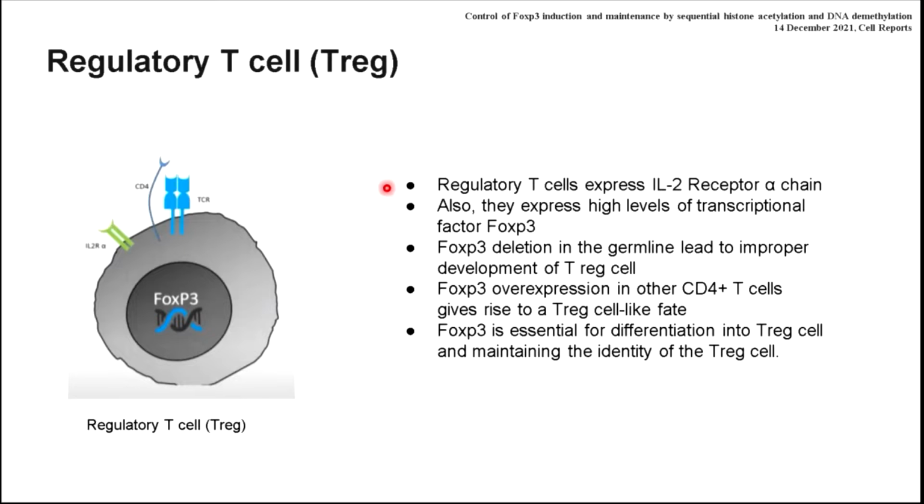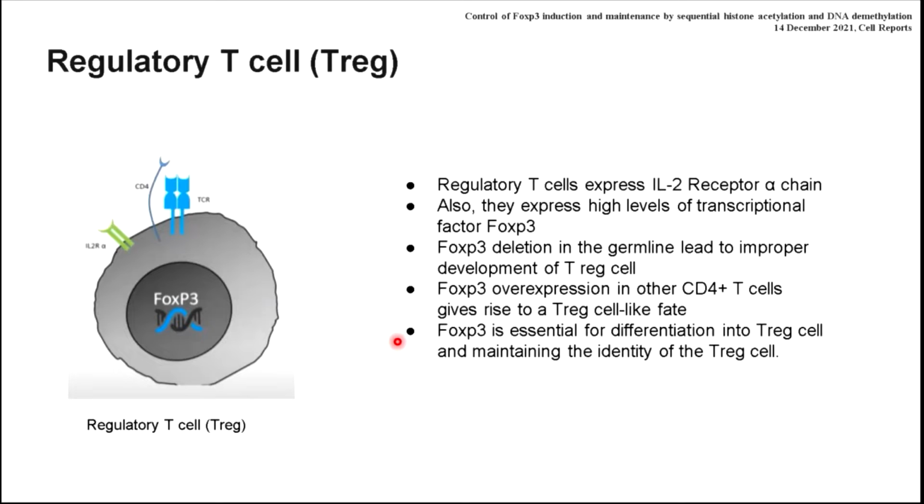Regulatory T cells express IL-2 receptor alpha chain, and also they express high levels of transcriptional factor Foxp3. Foxp3 deletion in the germline leads to impaired development of Treg cell. Foxp3 overexpression in other CD4 plus T cells gives rise to a Treg cell-like fate.